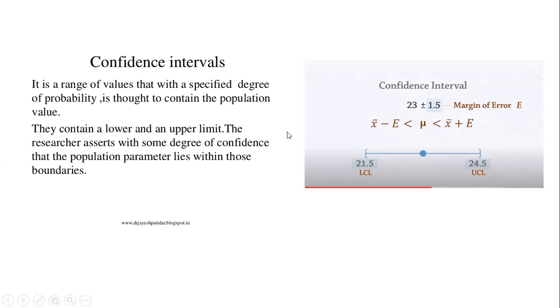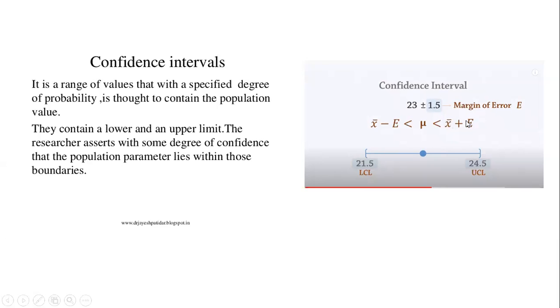For example, in this big picture, let's think this is the mean value of this population. It is 23. I told you that there will always be an error. That is what we call the margin of error. Here the margin of error is 1.5. It will be minus or plus, right? So here this symbol is the mean of the population, and x-bar is the mean of the sample.